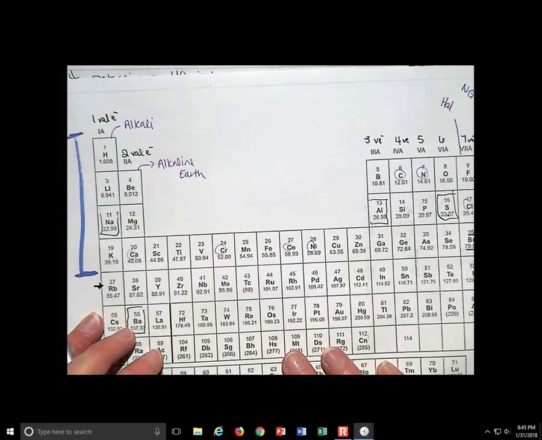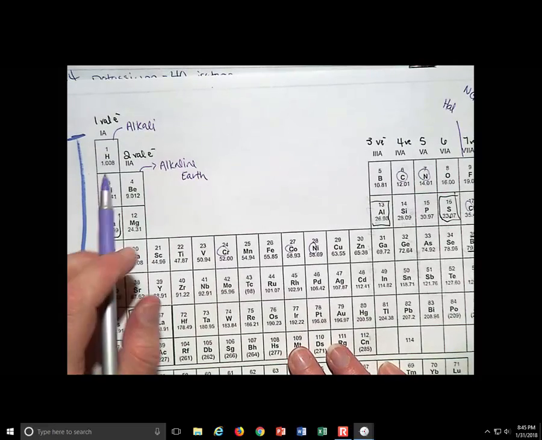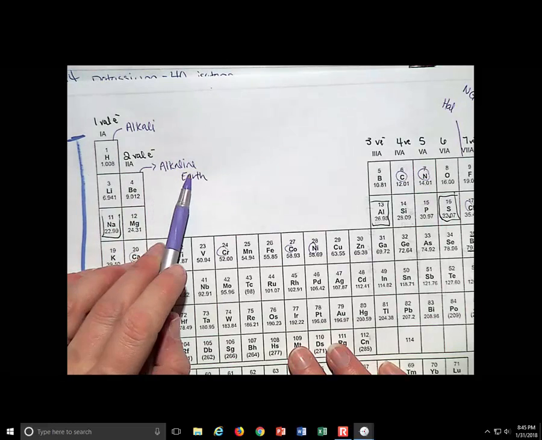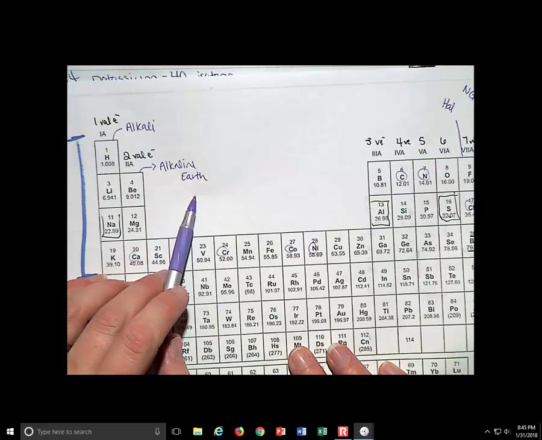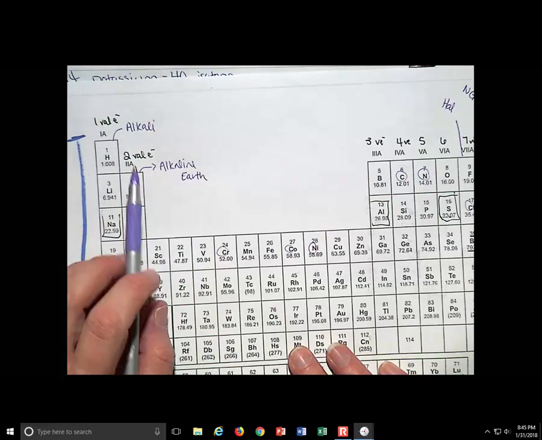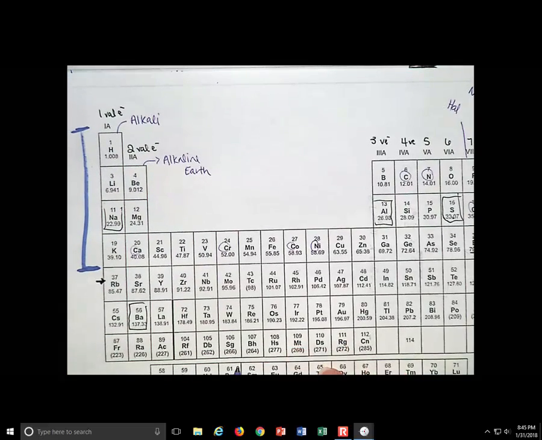My very simple-minded way of remembering which one is the alkali metals and which one is the alkaline earth is that alkaline earth is a longer name for that group, and it comes second. So the shorter name comes first, longer name comes second. Nothing clever there.